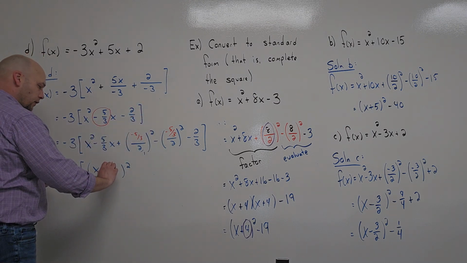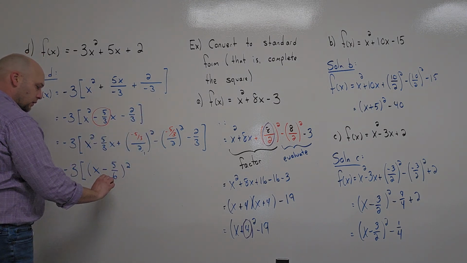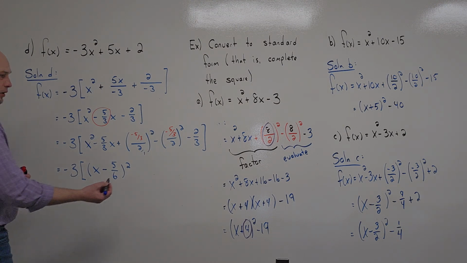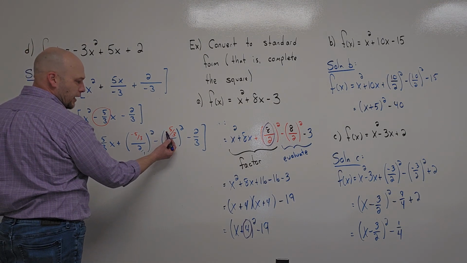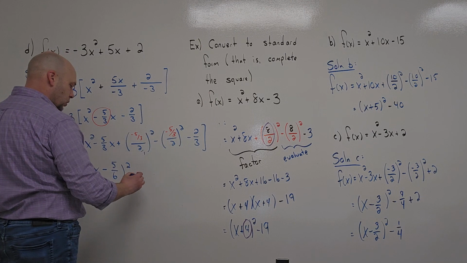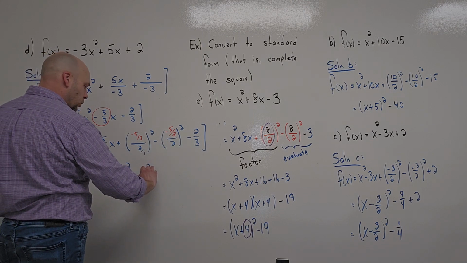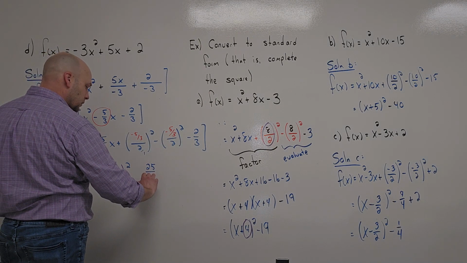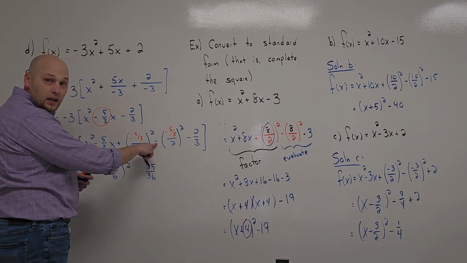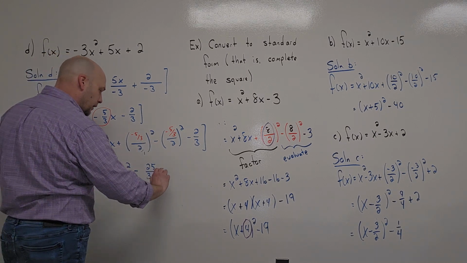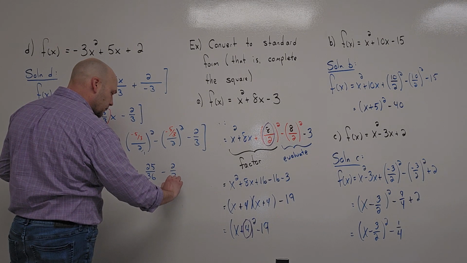That would give you 5 over 6. And then inside the parentheses, you'd have negative 5 over 6. If I square that, that would give me 25 over 36. And it's going to be negative because I've got a negative out front, and then minus 2/3.